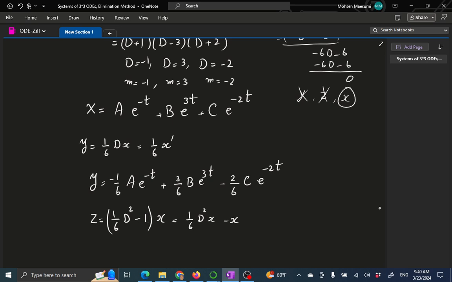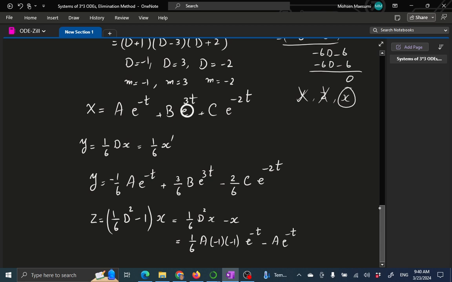But if you want to write it out, it's going to be 1/6 of a times minus 1 times another minus 1, because you're differentiating twice, exponential of minus t, and then minus x itself, it will be minus a exponential of minus t.